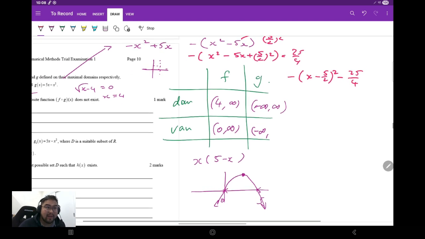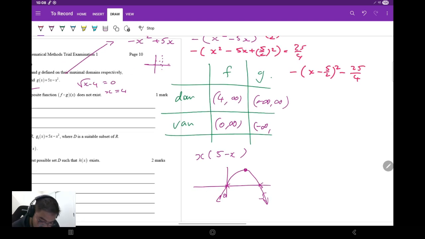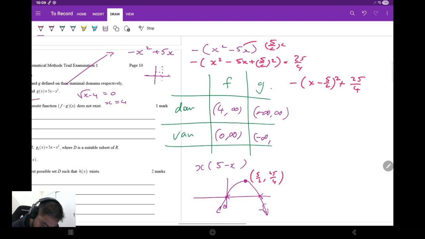So the turning point is at 5 on 2, 25 on 4. That's positive, sorry.